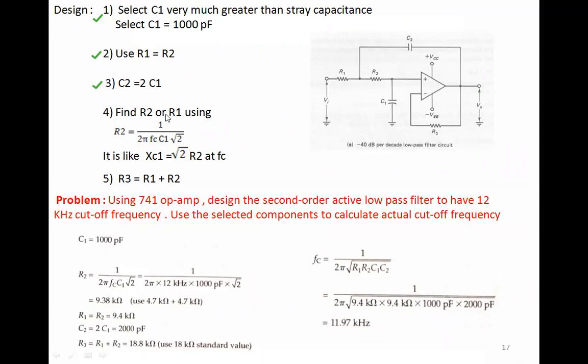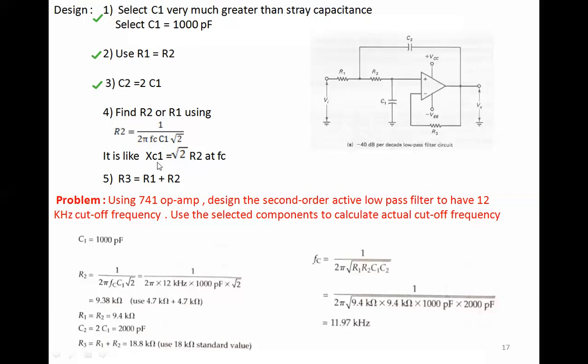Then find R2 or R1 using this formula. So R2 is equal to 1 by 2 pi FC C1 root 2. Okay, so that is going to be the formula. It is like XC1 is equal to root 2 times R2 at cutoff frequency.